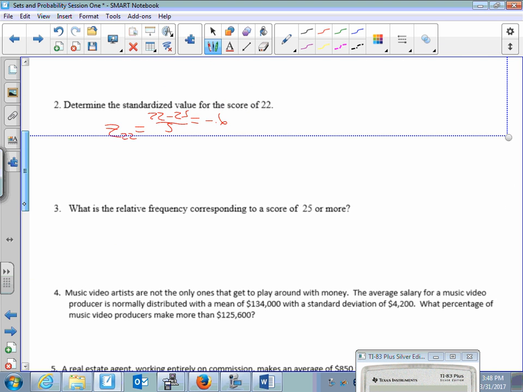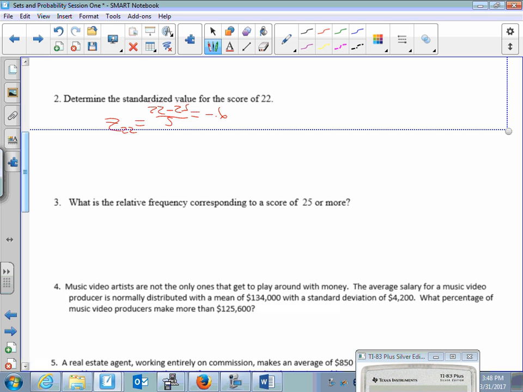What is the relative frequency corresponding to a score of 25 or more? Relative frequency is just a highfalutin name for probability. So we would say the z-score for 25 would be 25 minus 25 over 5, which is 0.